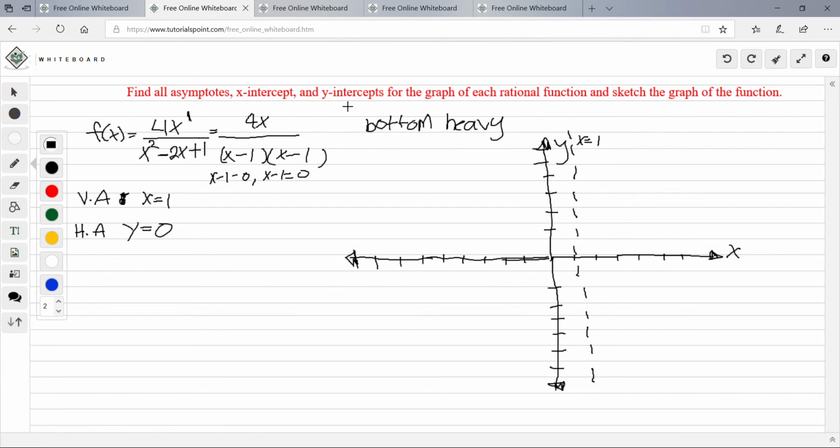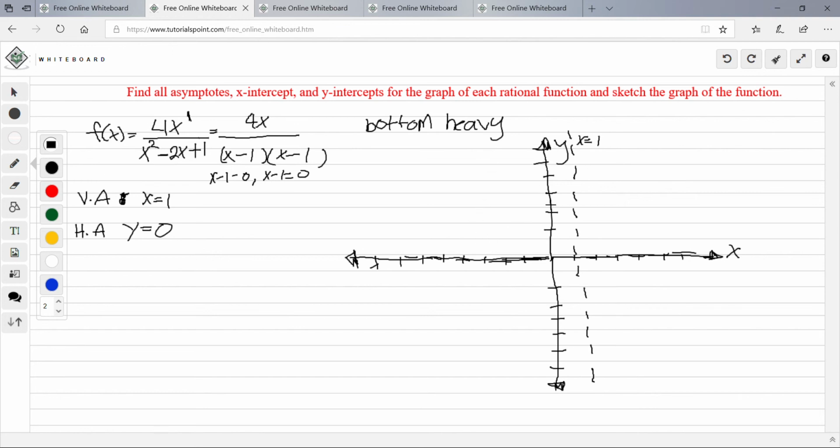Now I gotta figure out, here I'll just put a dash just in case, of 0. So I gotta figure out how it's gonna look on the right side and how it's gonna look on the left side. Could it look like this on the right side, or could it look like this on the left side? I don't know, so the best way to figure out is test points.